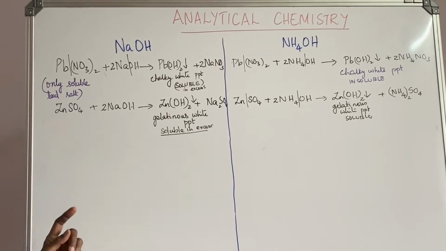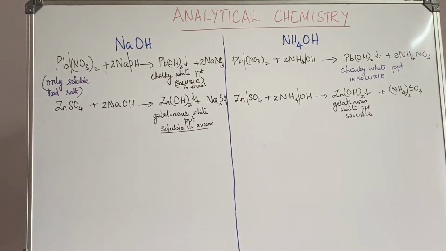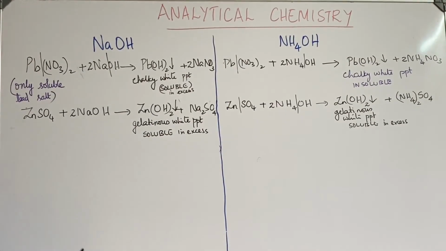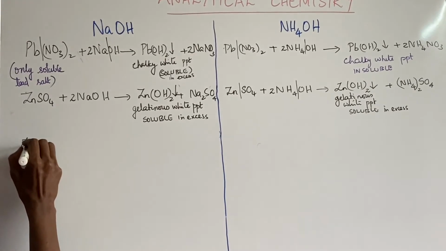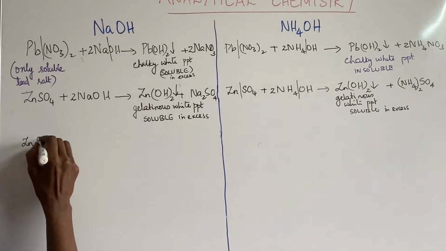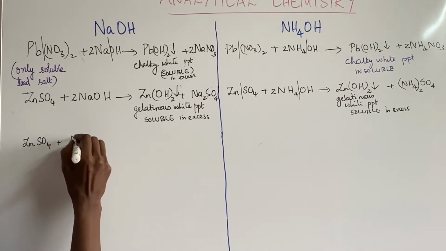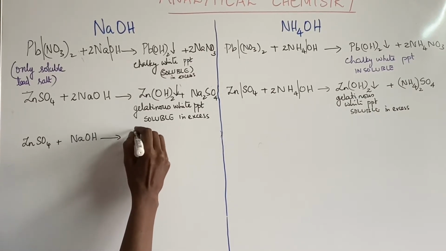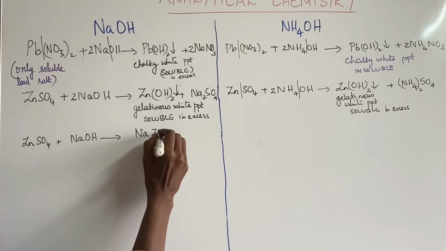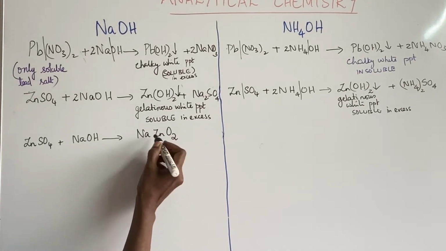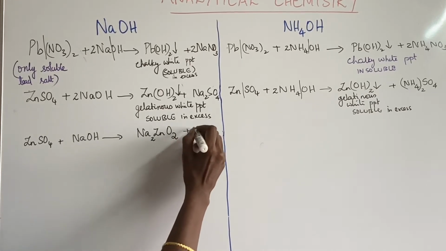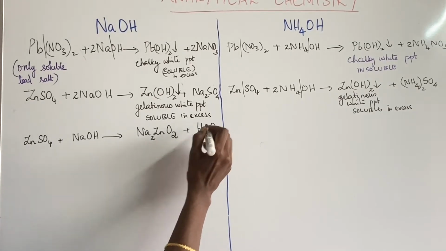Okay, so what happens actually is this will react to give a colorless solution. So this zinc sulphate plus excess of NaOH would give you sodium zincate. This is divalent, this is monovalent, therefore Na2ZnO2 plus water.